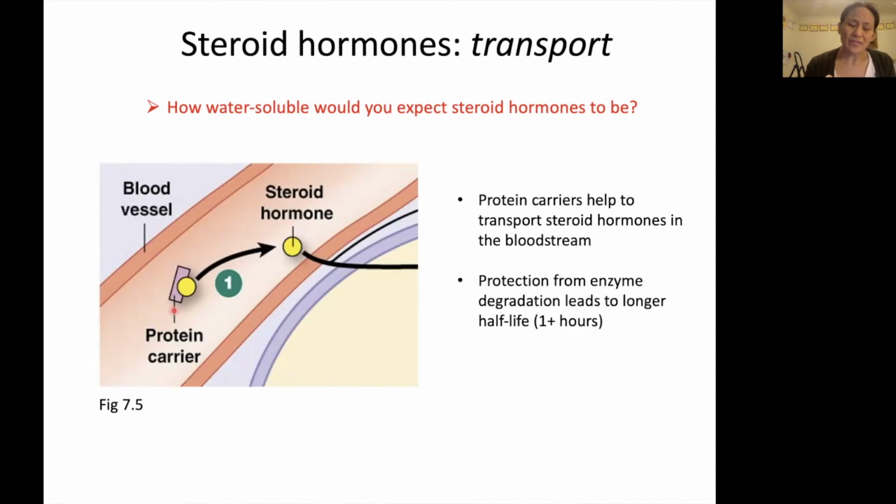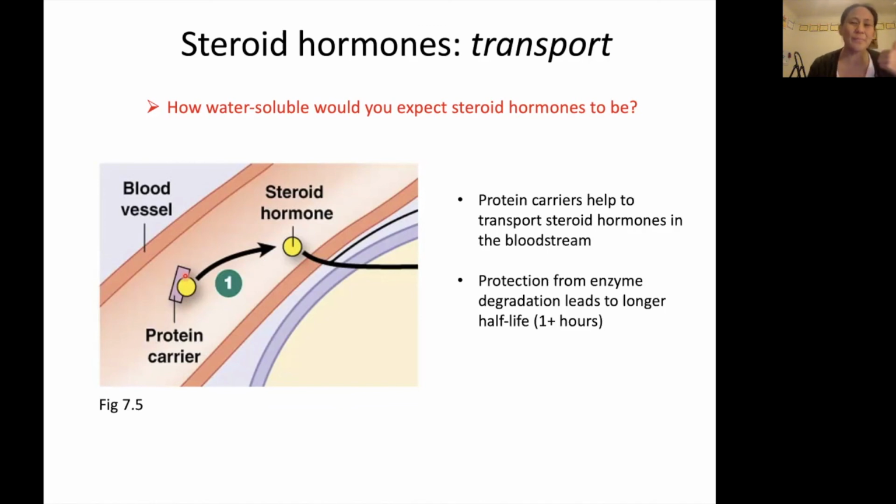Another implication of this is that once you have that protein carrier protecting that hormone molecule, that actually protects it from degradation by enzymes as well, okay? So you're going to end up having a longer half-life for your steroid hormone, right?